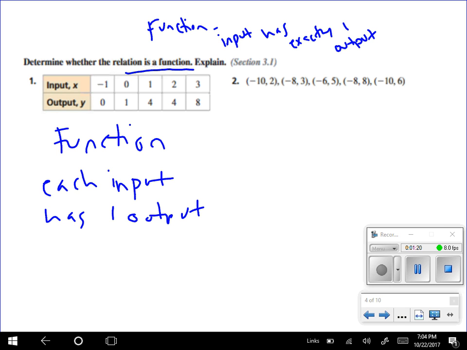Okay. Number two, if I look at my inputs, -10, -8, -6, -8, -10.